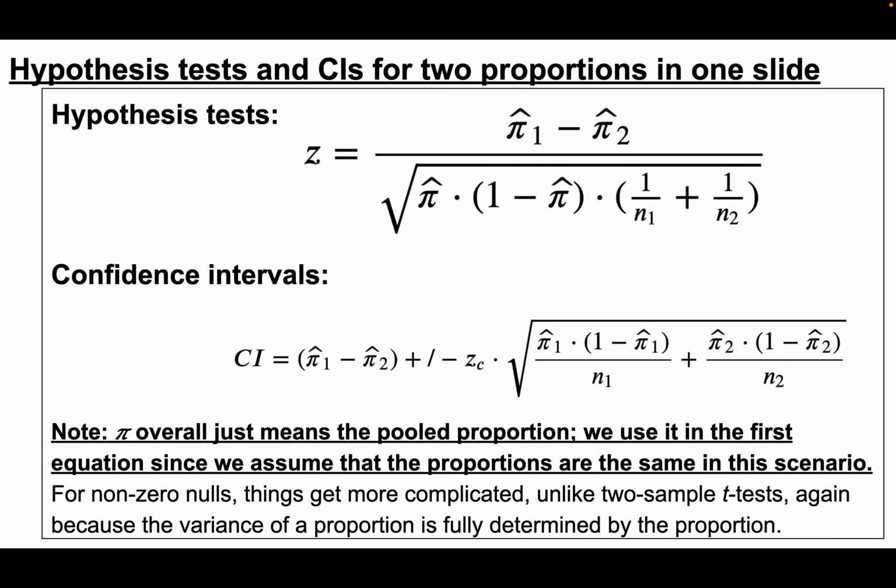Here they are. So for hypothesis tests, let's actually start with confidence intervals. So this formula for the standard error is exactly what we would expect from basically considering the means, both random variables that are uncorrelated.